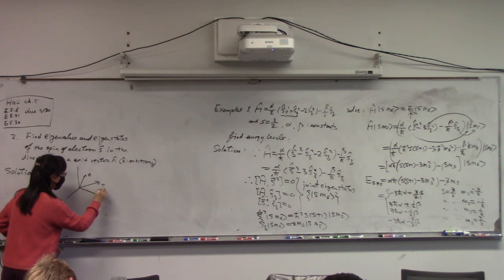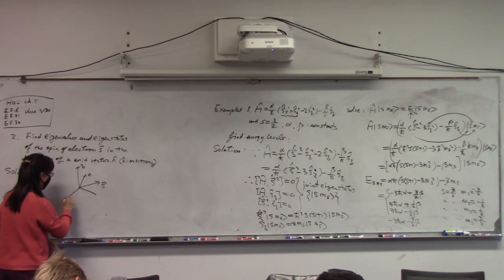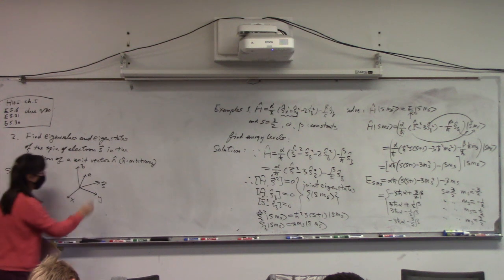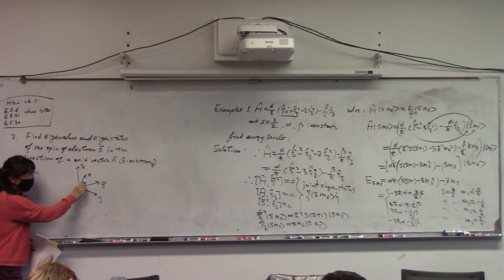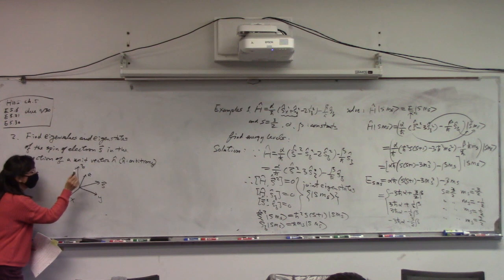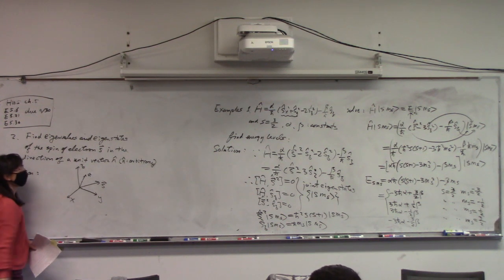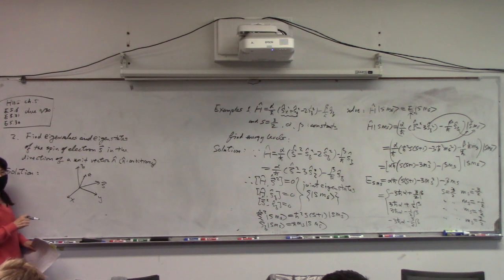And we have S. So it asks us, if S is projected along that direction, what are the eigenvalues and eigenstates? We know S squared and Sz, right? We know the eigenstates. So how to do it for the arbitrary case?